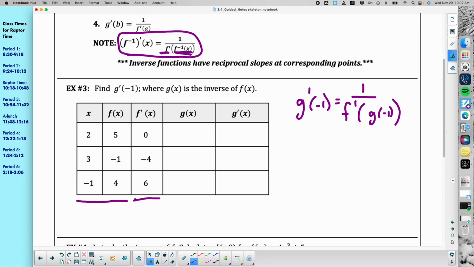G of -1 is going to be where F is equal to -1. Wouldn't be a terrible idea to write that little note to yourself, because this is super easy to forget. So F is equal to -1 at x equals 3. So G of -1 would be 3.